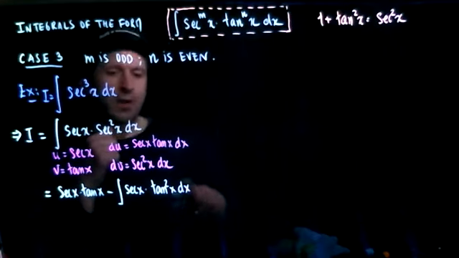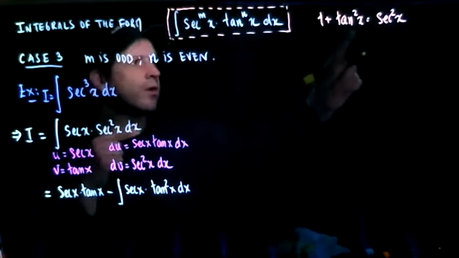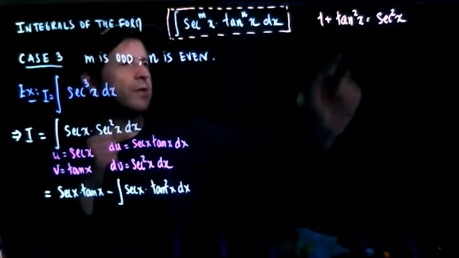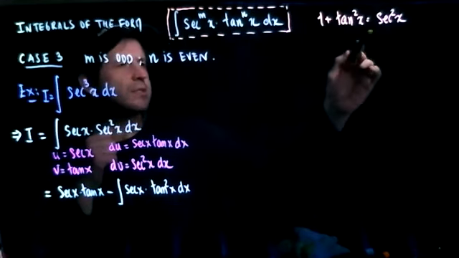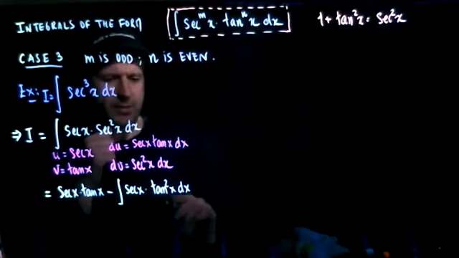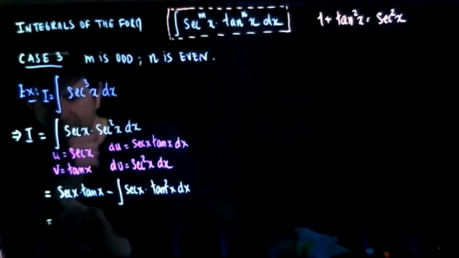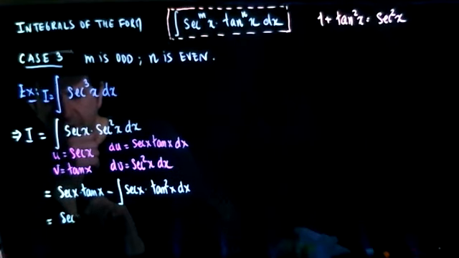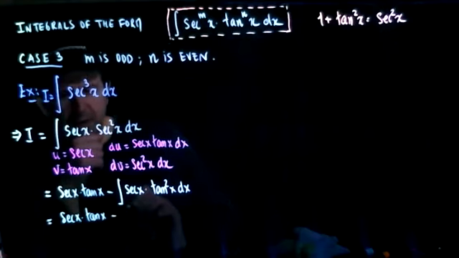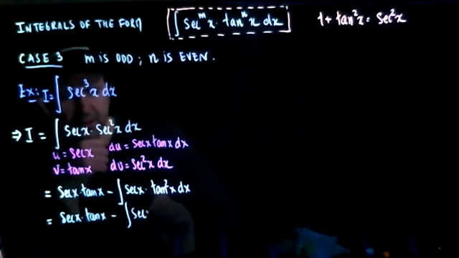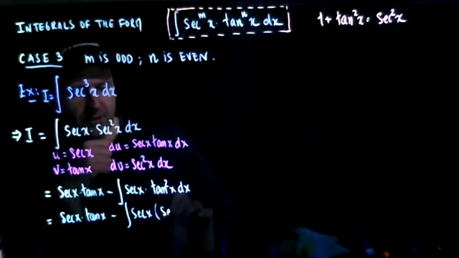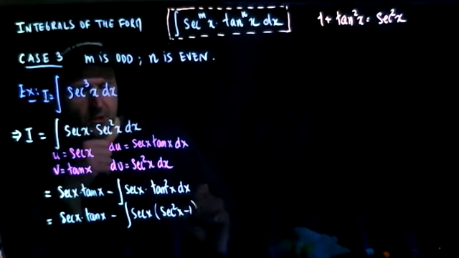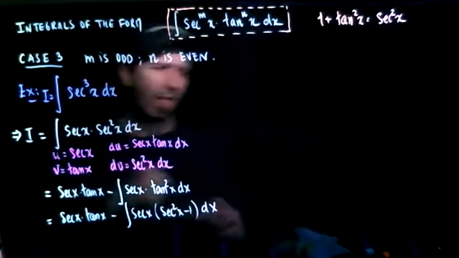But tangent squared, we know, is equal to secant squared minus 1. So I'm going to replace it here: secant x tangent x minus the integral of secant x times secant squared x minus 1 dx.